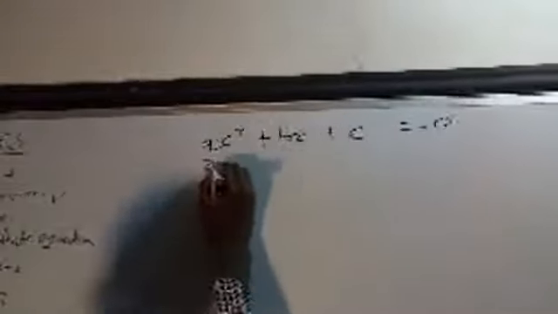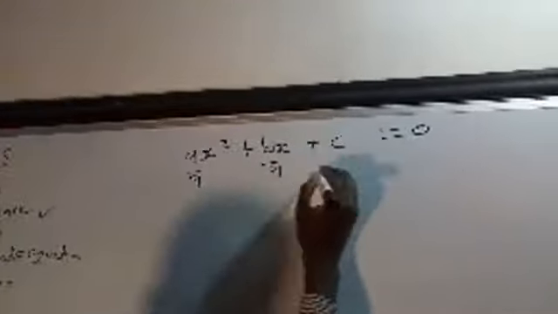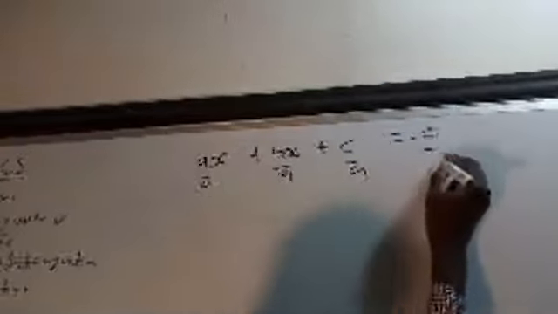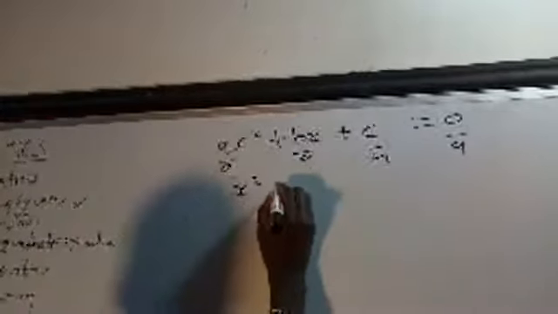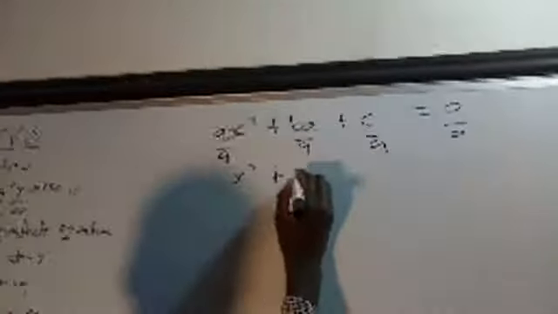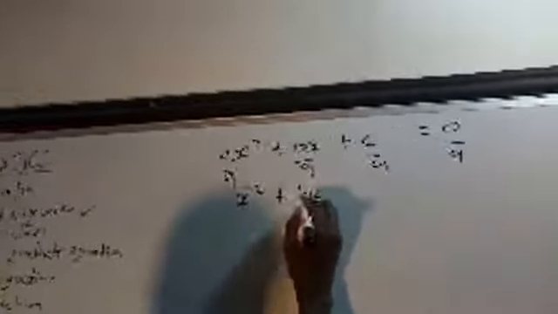Dividing by a on all sides, it will lead us to x squared plus bx over a plus c over a equal to 0.